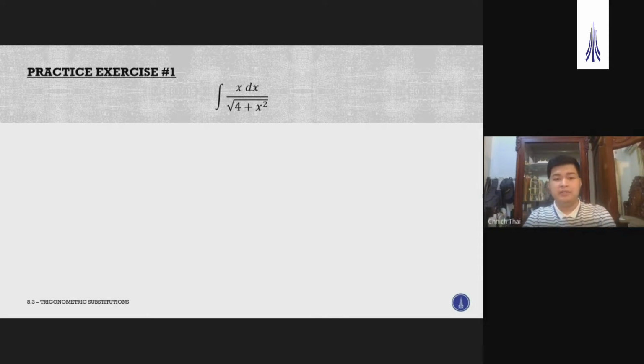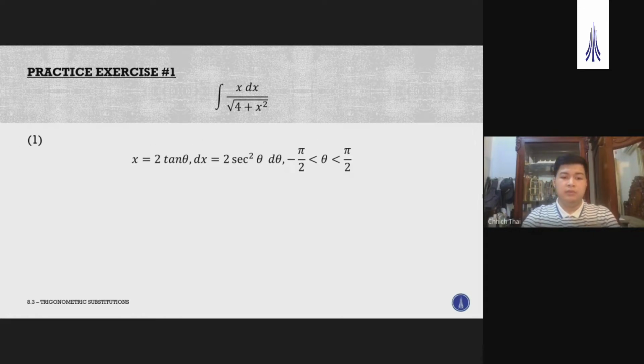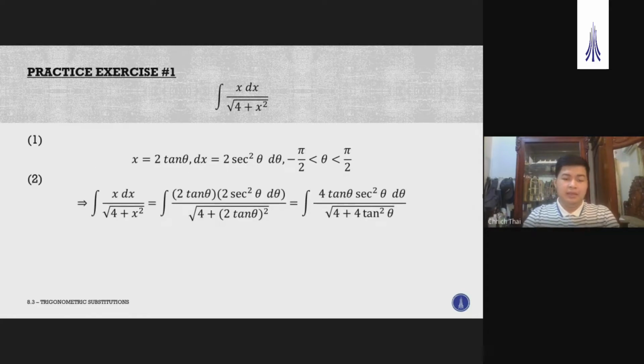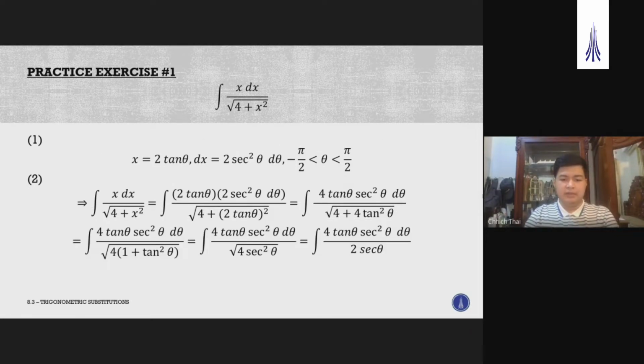So we use the substitution x equal to 2 tangent theta, and then we differentiate that. We get dx equal to 2 secant squared theta, and we also need to set the value of theta, which is greater than negative pi over 2 and less than pi over 2. Then we substitute the trigonometric function and the differential into the integral, simplify it down, and we get the answer of 2 tangent theta and secant theta.